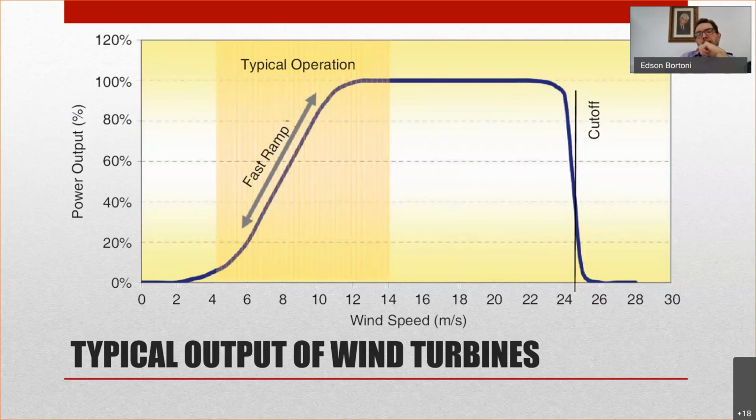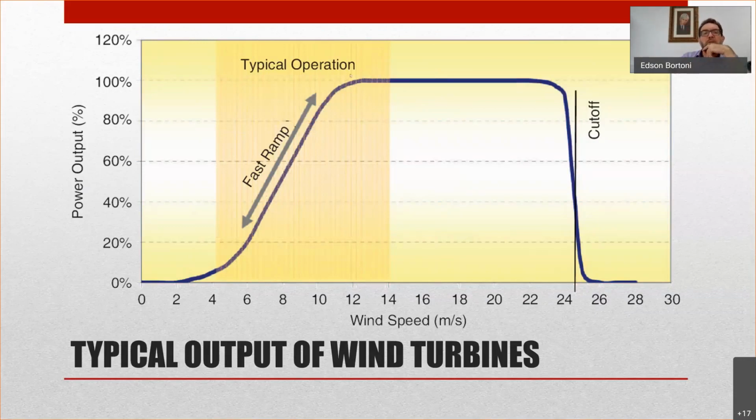And there is a point where the speed of the wind is so high that you have to cut off your turbine. You have to stop your turbine, otherwise the turbine would be damaged. So to avoid damage, you stop the turbine for strong winds.